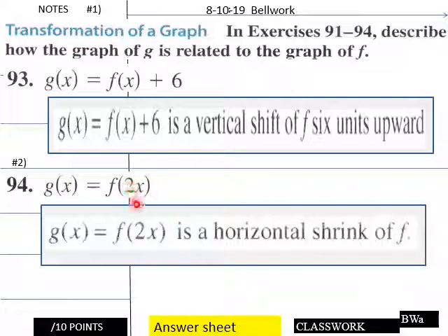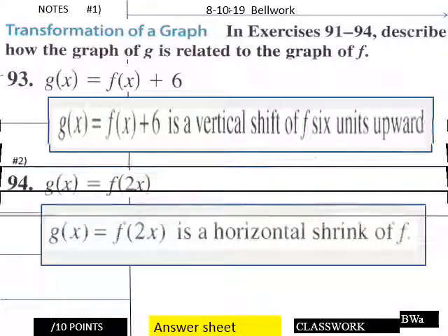G of X equals F of X would be kind of like an identity graph. This will be steeper than that. It'll be twice as steep as G of X equals F of X.